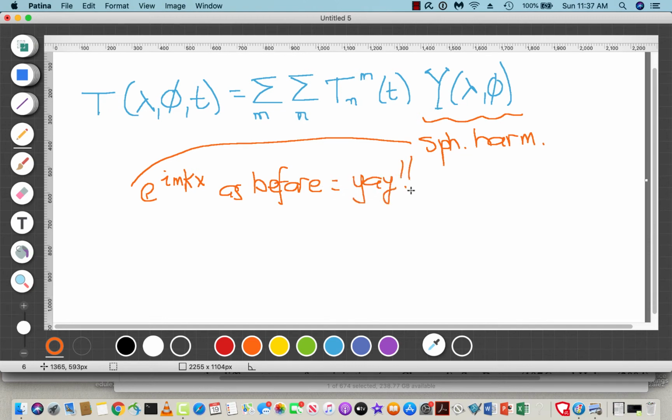It's good because we understand it, and we could do things with sines and cosines with our eyes closed. But the other piece is new, so this p sub m n piece, which is a function of mu, and mu is the sine of latitude. If I remember, I'll come back and tell you why there's a mu in there.